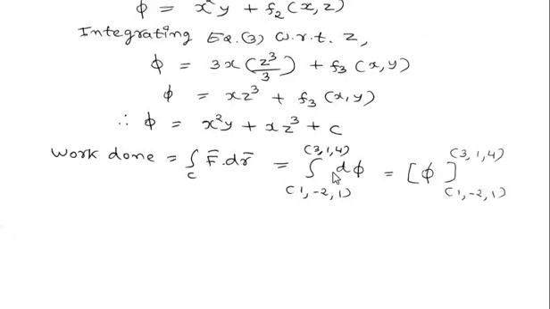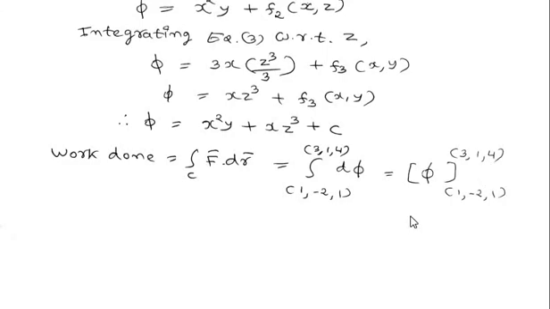Now the integration of 1 with respect to phi gives phi, with an upper limit and a lower limit. Now you have to replace phi by x²y plus xz³ plus c. For the upper limit you replace x by 3, y by 1 and z by 4.